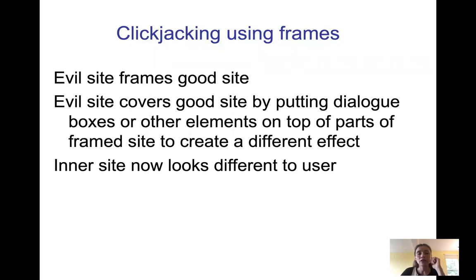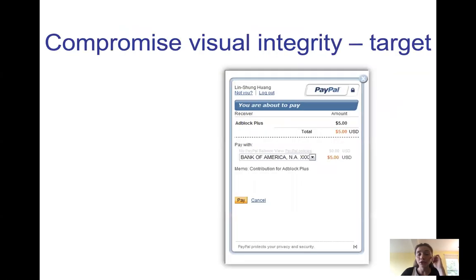Now, the evil site is going to cover the good site by putting dialog boxes or other elements on top of parts of the framed site to create a different effect. So now the inner site looks different to the user. For example, let's say I have this PayPal frame inside some outer evil site. And I'm supposed to transfer some payment, $5, to someone. I don't want to transfer more than $5 to this person.